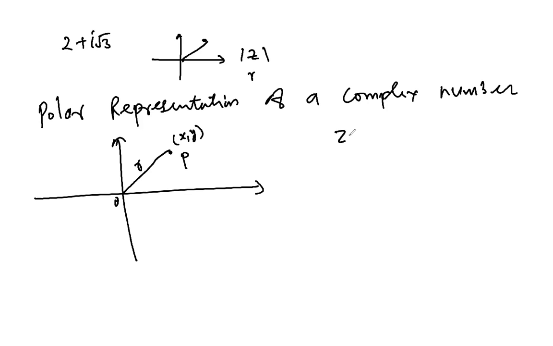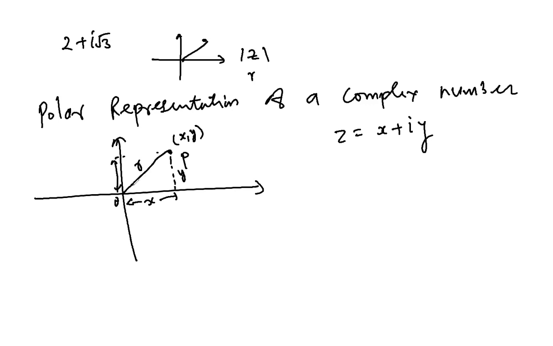We were writing that z is equal to x plus iota y. You can take this point in any quadrant, but for simplicity we are taking it in the first quadrant. This distance is x from here to here, and this distance is y.